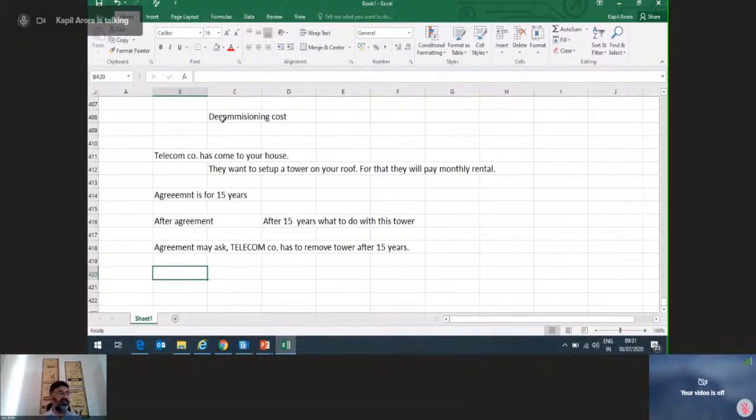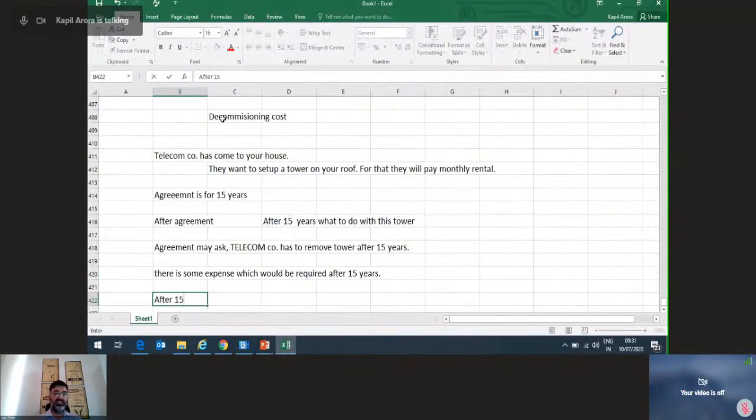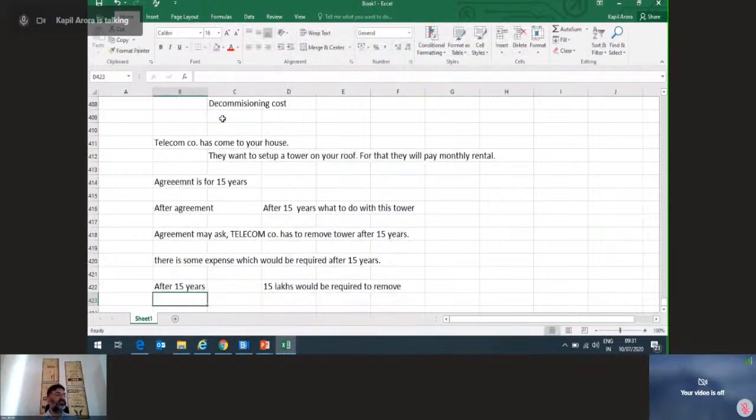If they have to decommission the tower, there is some expense which would be required after 15 years. For example, let's say the company has estimated that after 15 years, 15 lakhs would be required to remove the tower. So what to do with this 15 lakhs which is required to remove the tower?